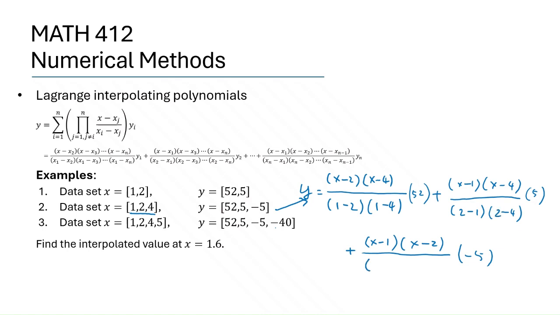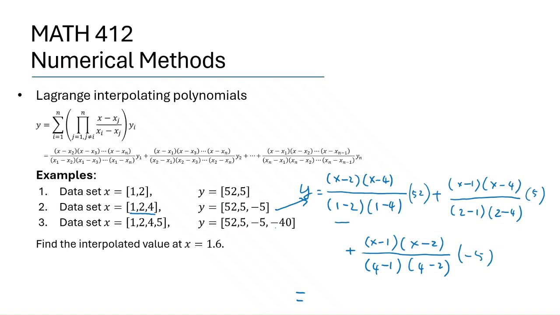Each term the same, copy paste, and replace x with x3, that's the third term. Okay, x3 is 4, 4. Yes, you have this. Okay, if you like, simplify it later.